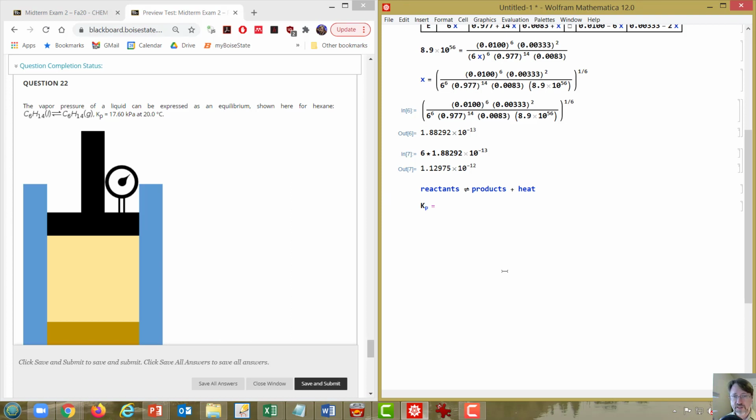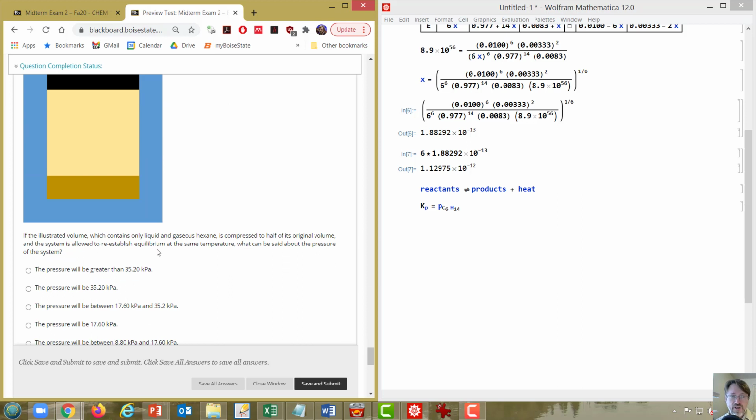It is going to be the partial pressure of the products, C6H14, raised to the first power, divided by, well, we don't have anything on the left-hand side that's a gas, so that's it. The equilibrium constant is just the pressure of our compound, C6H14.